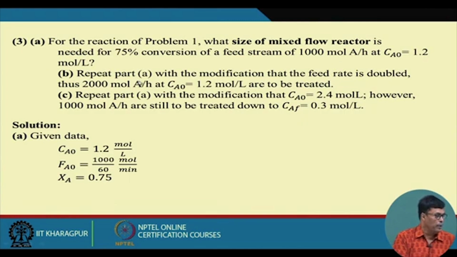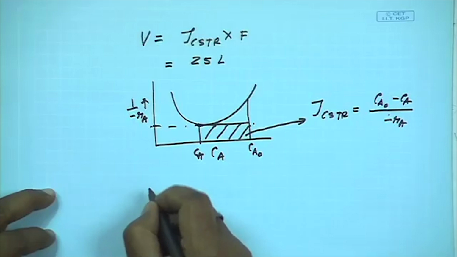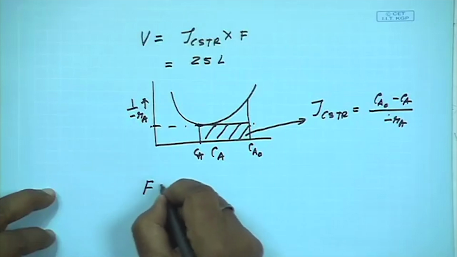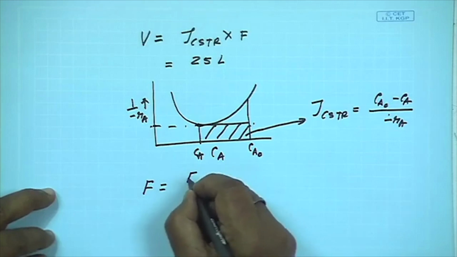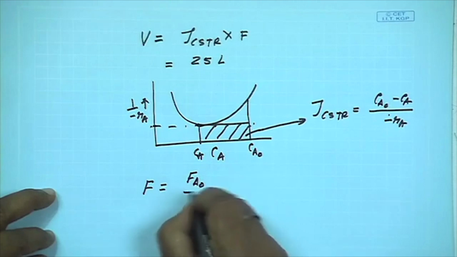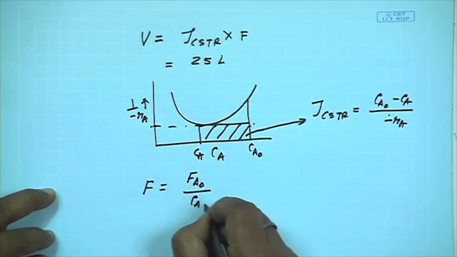Now, the next problem is to repeat part A with the modification that the feed rate is double, 200 moles of A per hour, and Ca is the same. If the feed rate is doubled, what will happen? What is the flow rate? The flow rate is Fa0 divided by Ca0. Am I right?